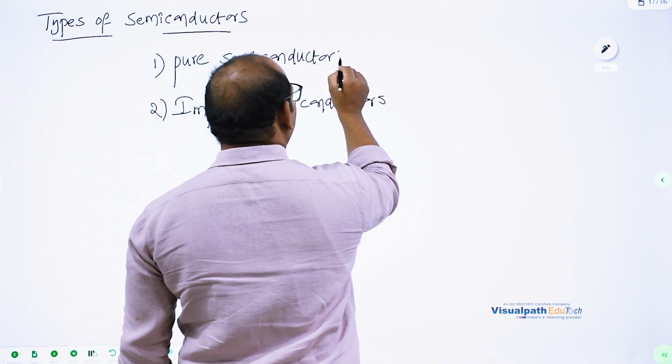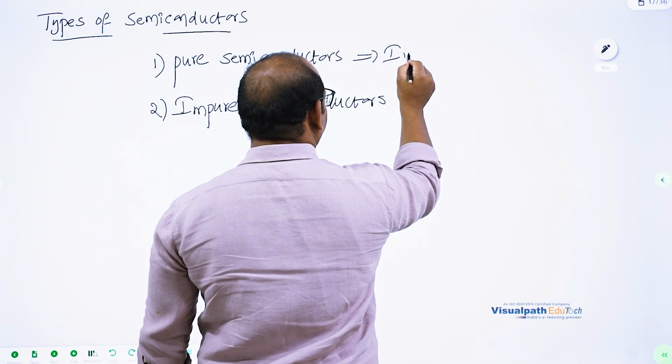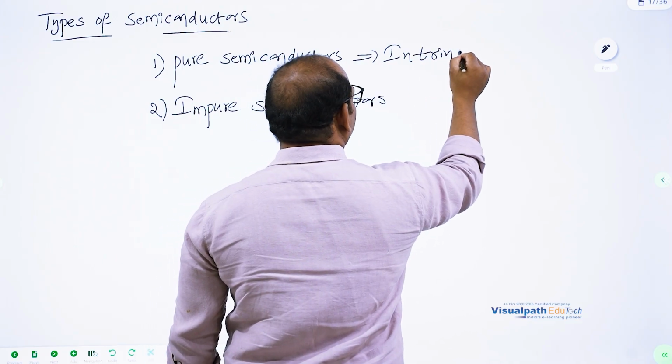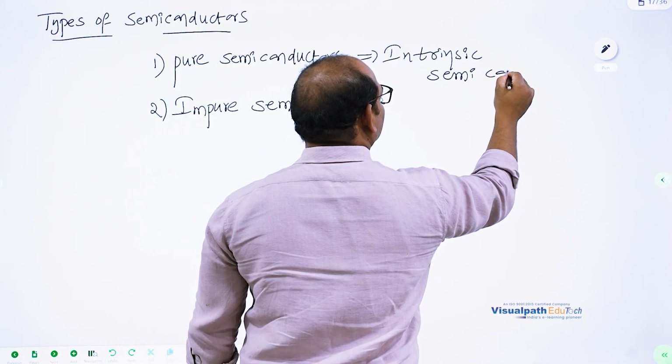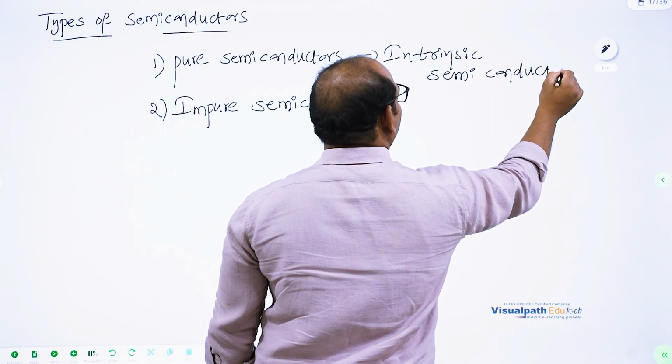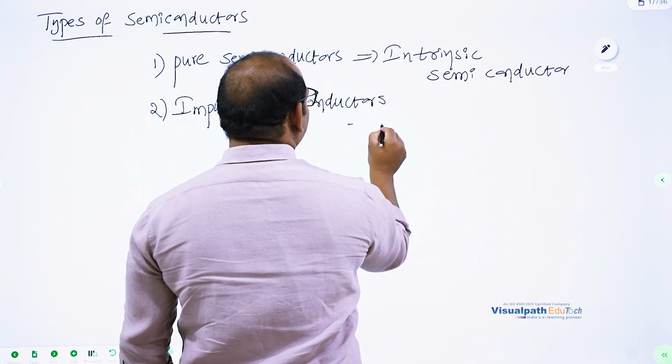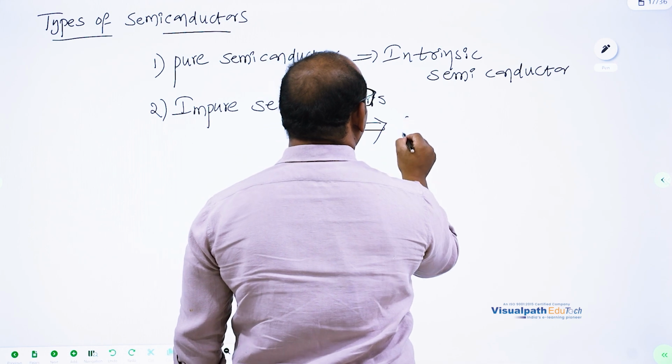Pure semiconductor can also be called as intrinsic semiconductor, and impure semiconductor can be called as extrinsic semiconductor.